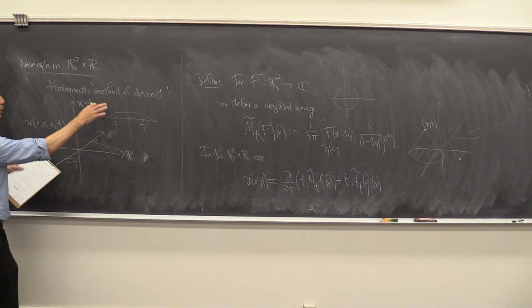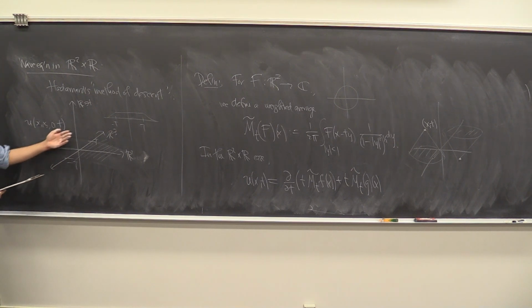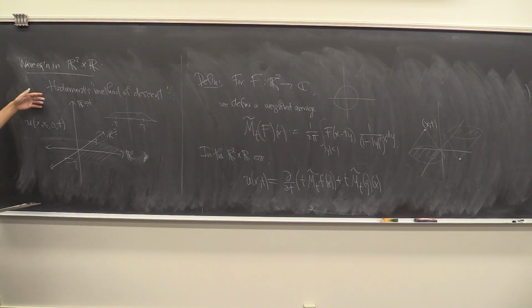To get the solution for your original problem, you're just on this line again. So it's going to be finite because the solution in the previous case was finite.